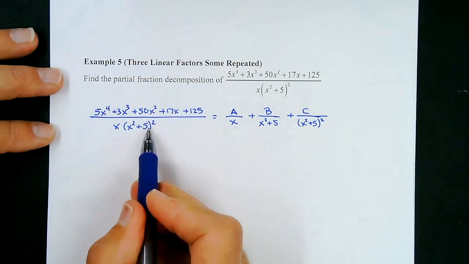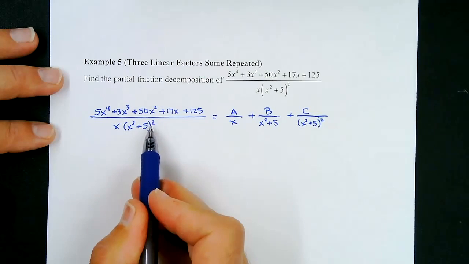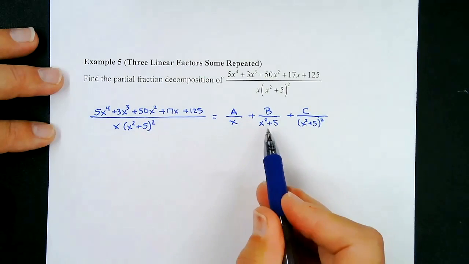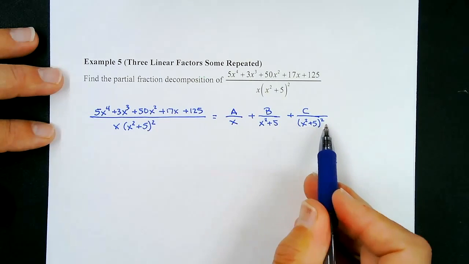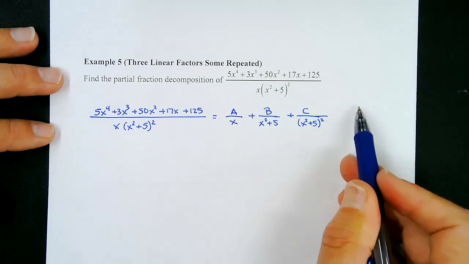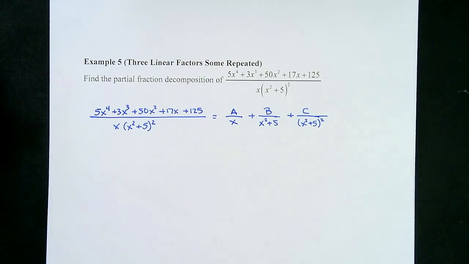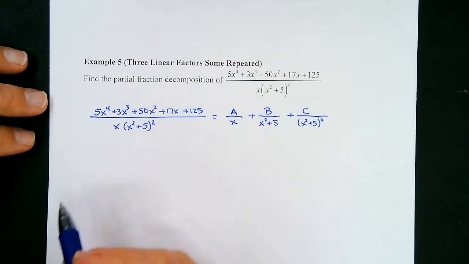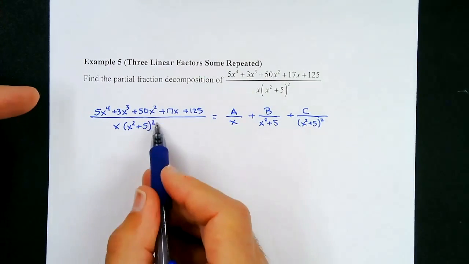Now, if this had turned out to be x squared plus 5 and let's say this is cubed, we'd have a denominator of x squared plus 5, then (x squared plus 5) squared, and then plus D over (x squared plus 5) cubed. So you have to get each possible factor of any repeated factors like this: power of 1, power of 2, power of 3, if this happened to be a 3.